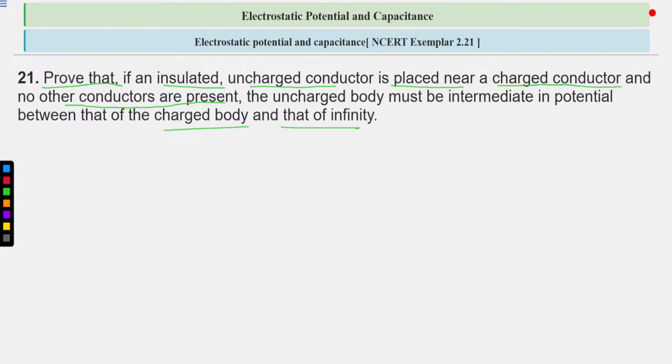At infinity we consider the potential to be 0, and the charged body will have some potential. So the uncharged body should have an intermediate potential. We have to prove this.